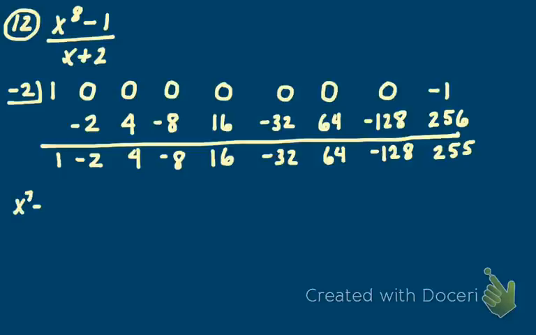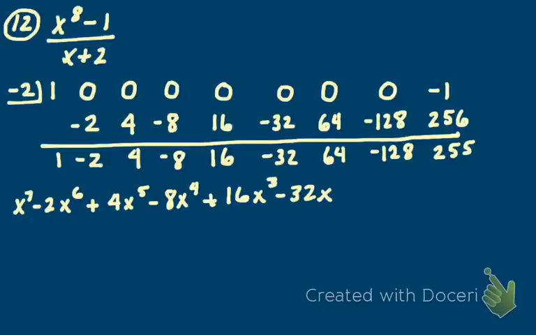X to the 7th minus 2x to the 6th plus 4x to the 5th minus 8x to the 4th plus 16x cubed minus 32x squared plus 64x minus 128, and then plus 255 over x plus 2.